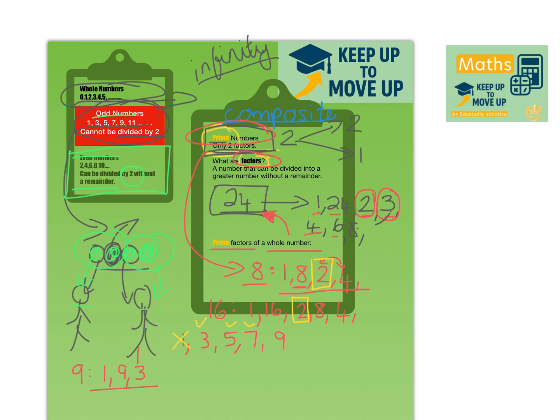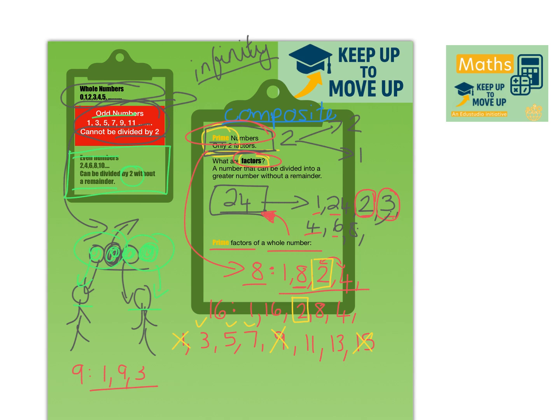It has 3 factors. Therefore, 9 is not a prime number. 11, prime number. 13, prime number. 15, nope, not a prime number, because it has 3, 5, 1, and 15 as factors. So don't assume that because a number is odd, it is a prime number. Consider the number of factors.